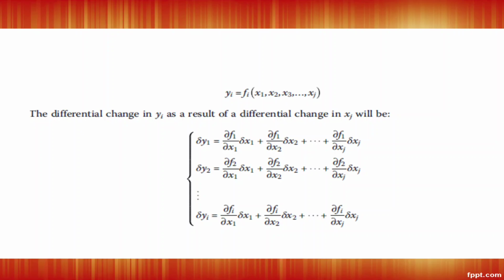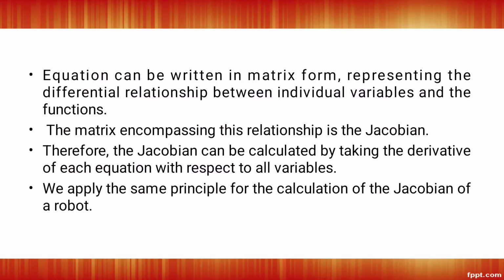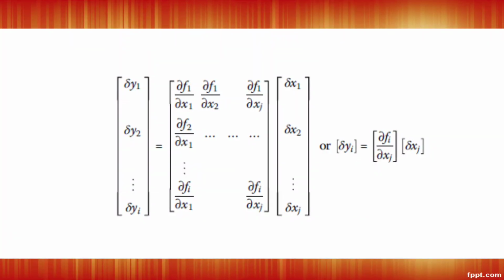The middle one is the Jacobian matrix, and del x1, del x2 up to del xj is the small change in the input. The equation can be rewritten in symbol form as the final equation.